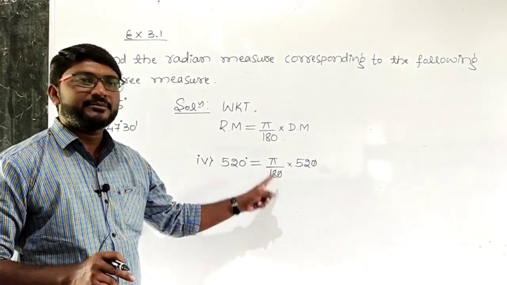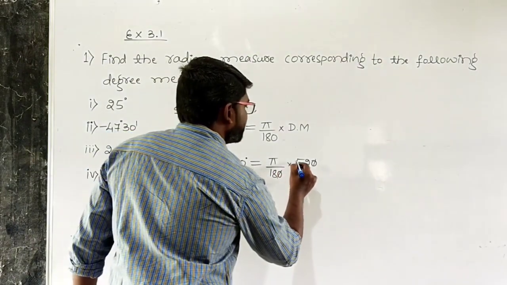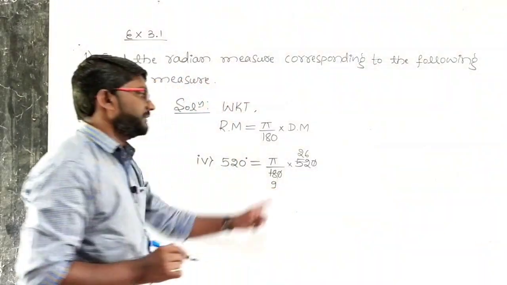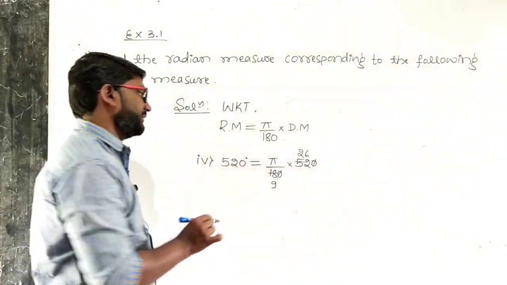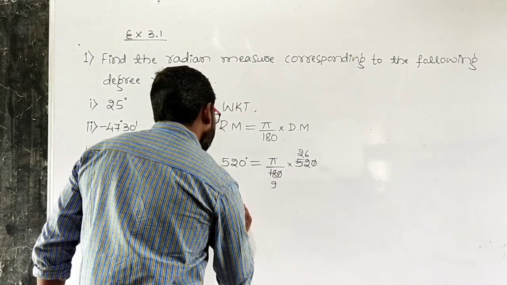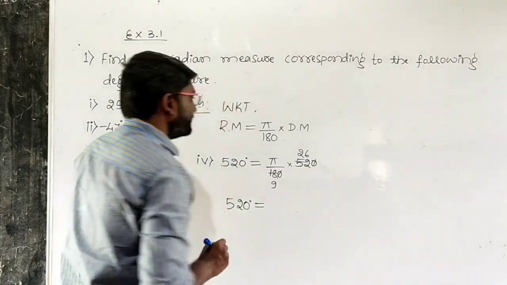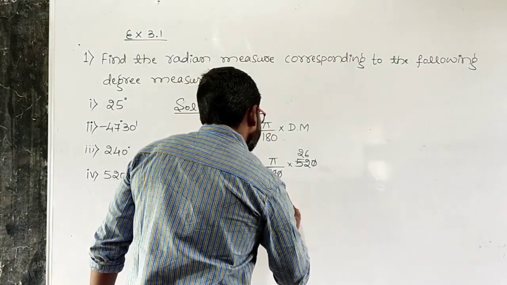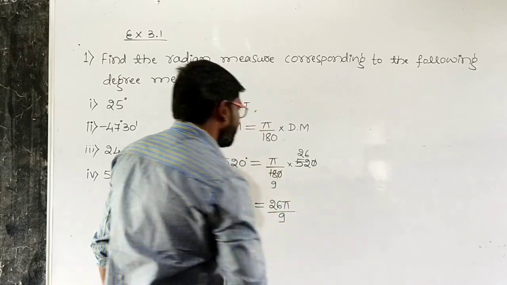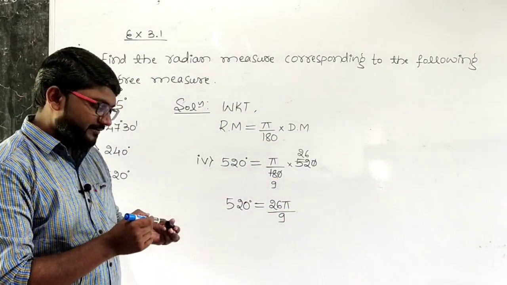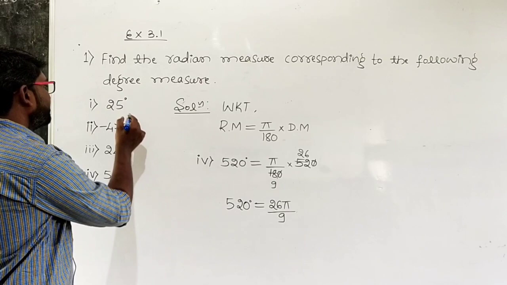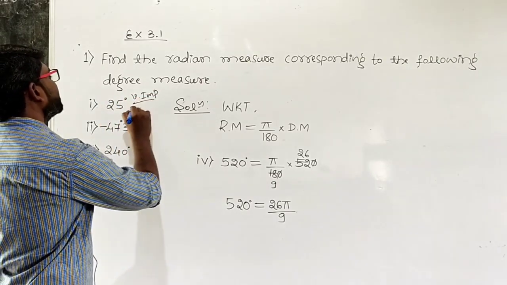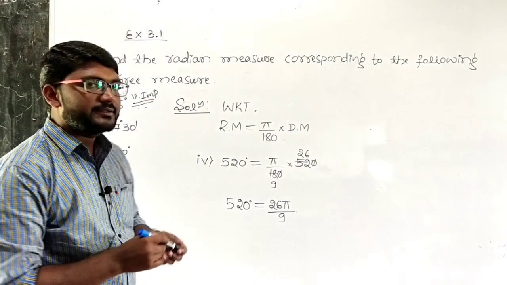You have to cancel using the 2's table here. So 2 twenty-sixes are 52, 2 nines are 18. So 520 degree equals 26 pi divided by 9. 26 pi divided by 9. So this is the answer for the 520. So mark this as very important for 1 mark. So this is all about the first main question.